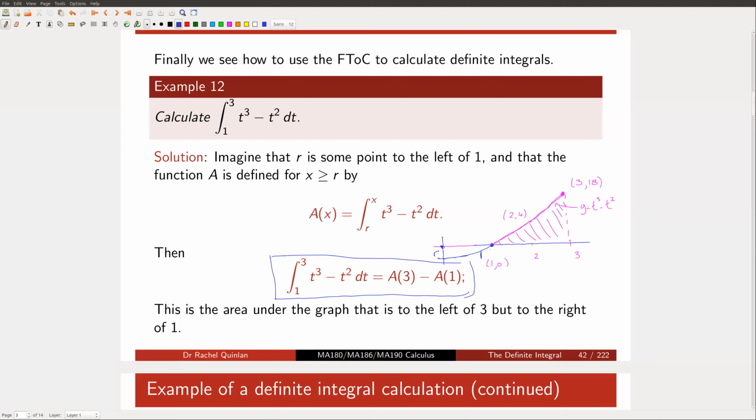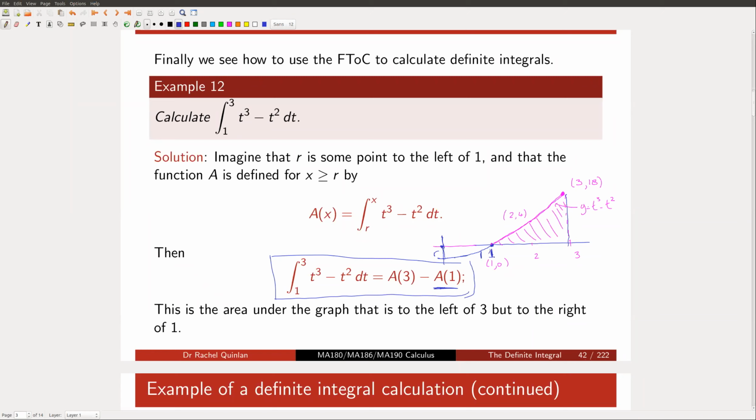So A of 3 is all the area accumulated between this graph and the axis from R all the way up to 3. A of 1 is all the area accumulated between this graph and the horizontal axis from R as far as 1. So 1 is here.